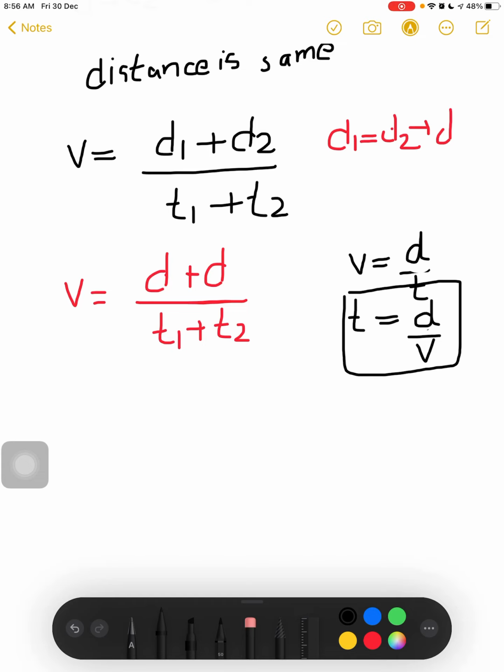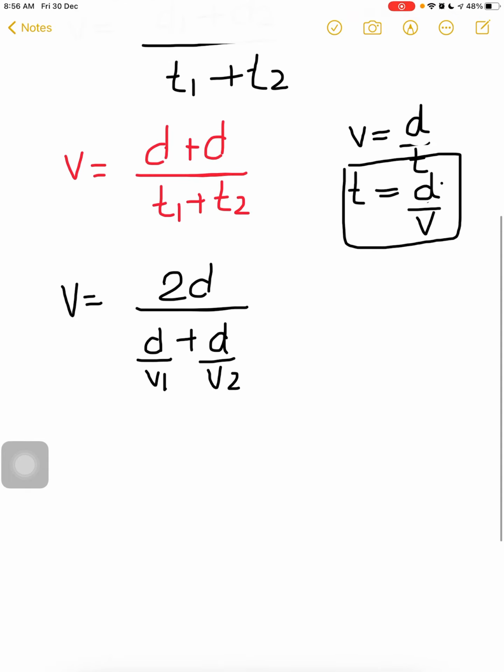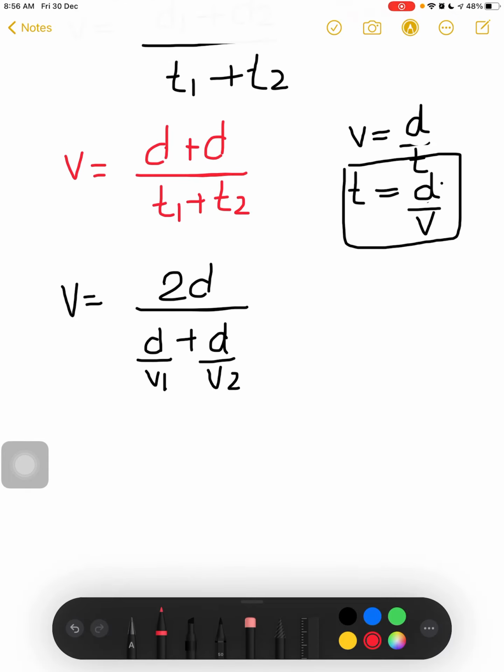Now since d1 and d2 both are equal, we will only place d. Then v is equal to 2d, upon d upon v1 plus d upon v2. Now this is the equation. We can cancel out the d's.